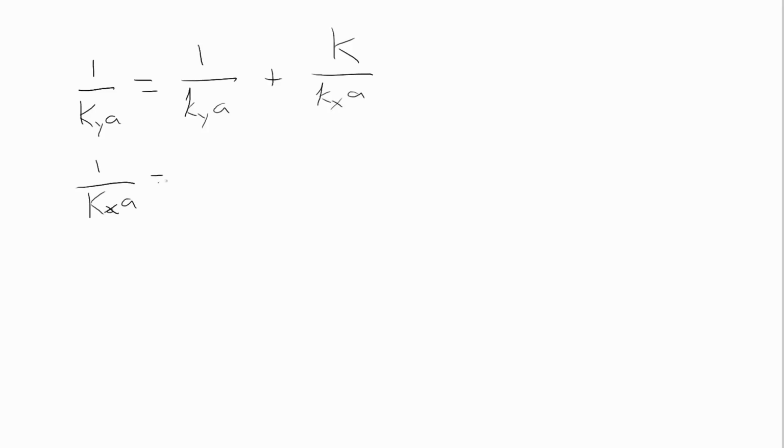So simplifying these equations, we have 1 over capital K_ya is equal to 1 over little k_ya plus k over little k_xa, and 1 over capital K_xa is equal to 1 over little k_xa plus 1 over k times little k_ya.